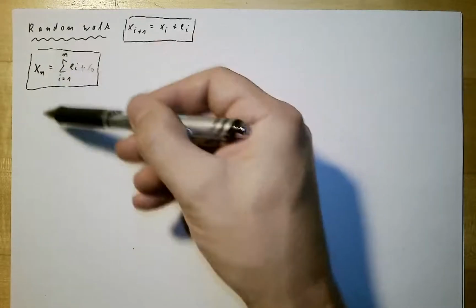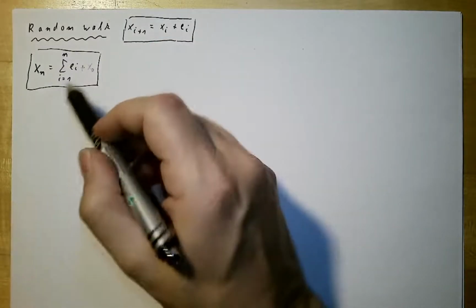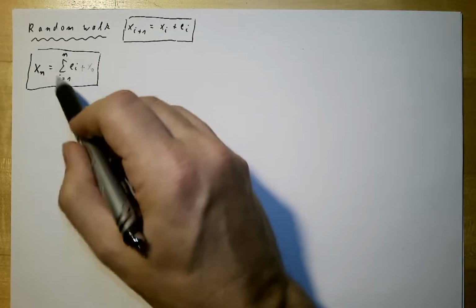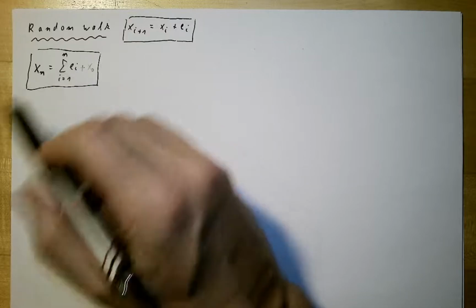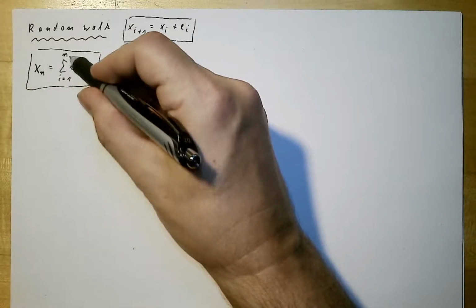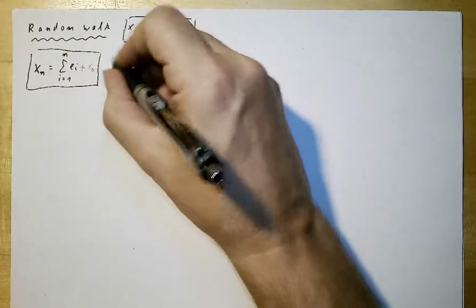That's just a shift of the whole thing, and typically we say the initial value is 0, and we're just interested in the sum of random numbers. So a random walk is just a sum over n random numbers.